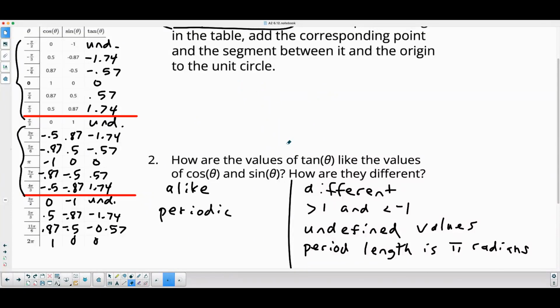So there's a couple things that are different. How are they alike? Another thing that's alike, we could say that the values come from the unit circle.